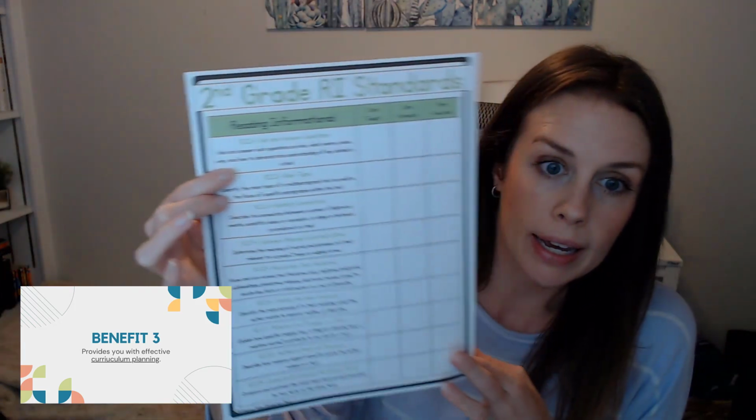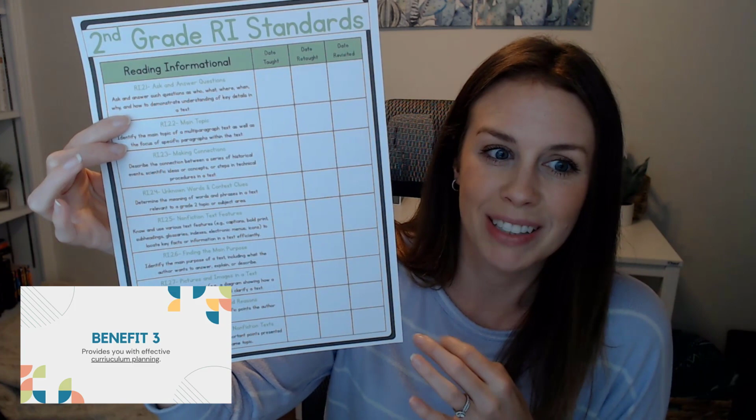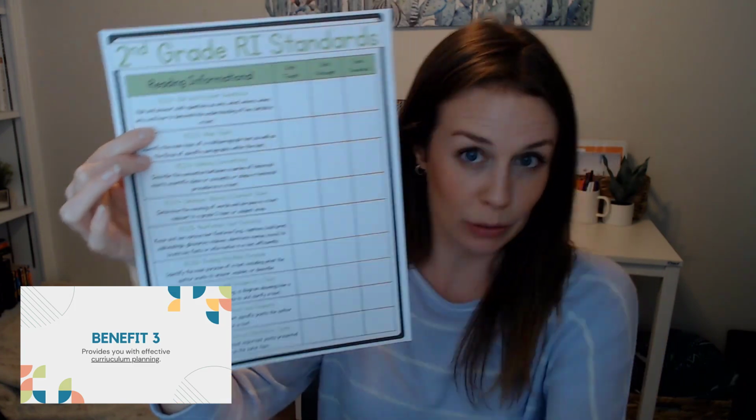Benefit number 3 is providing you with effective curriculum planning. What this means is that you are going to be able to look at what you've taught and see what you need to teach next. In your RI list of standards, for example, you may find that you need to hit ask and answer questions and main topic first, which typically is covered.